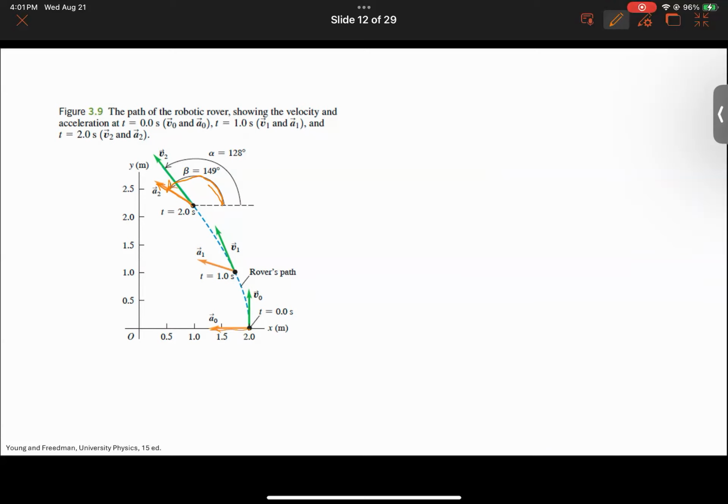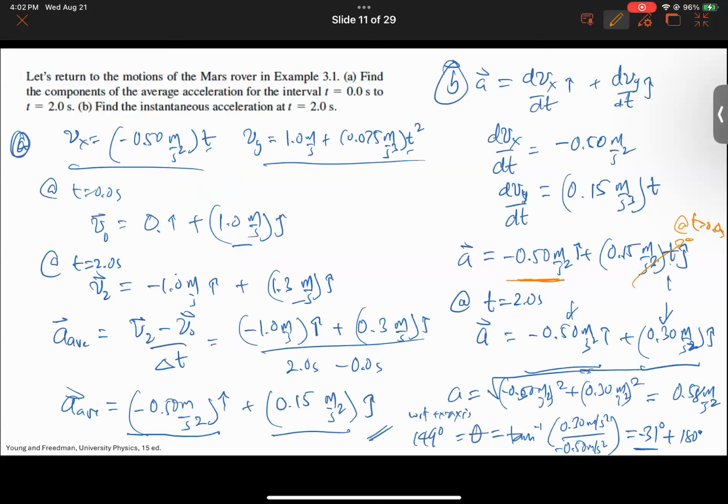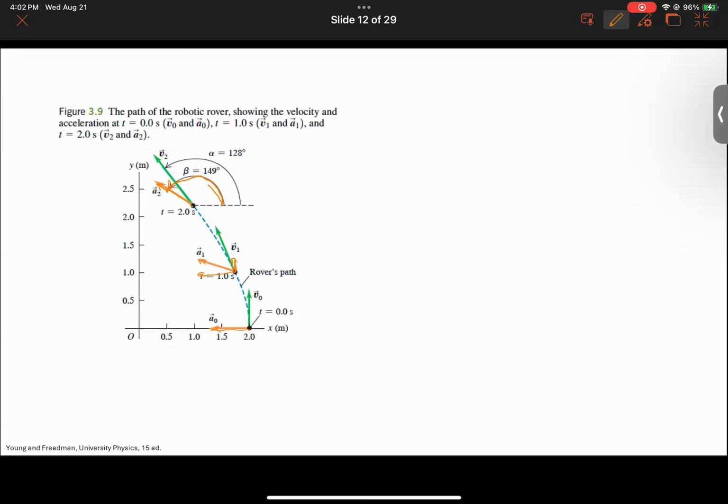Kasi nag-i-increase na yung velocity along the y-axis. Kaya umangat ng konti yung direction dito kasi meron siyang y component dyan. Ito naman yung x component niya. Ang x component ay hindi nagbabago kasi walang time dependence, di ba? So constant yung acceleration along the x-axis. So parati itong negative 0.5 meters per second squared.